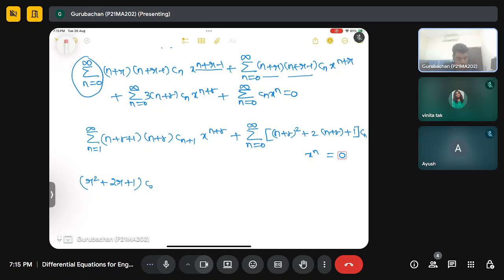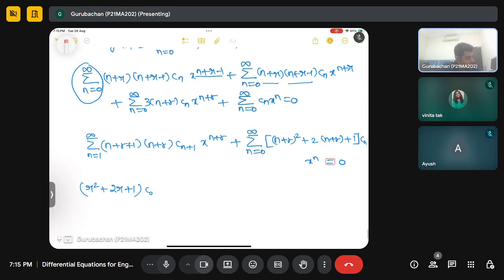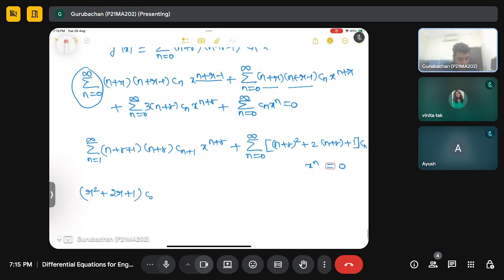So this first term is plus 3 times n plus r, and plus n plus r whole square minus n plus r, plus 3 times this. So this will give you plus 2 times n plus r.